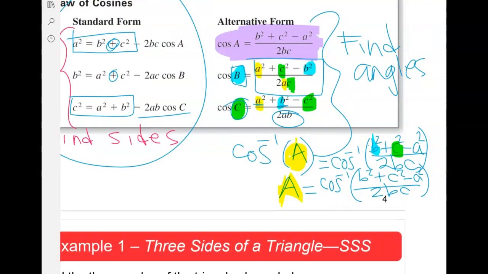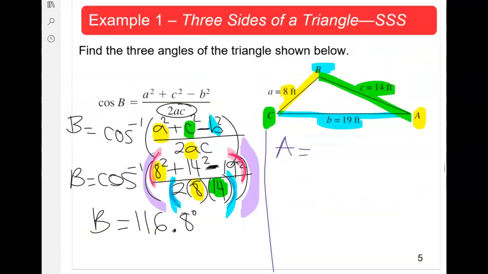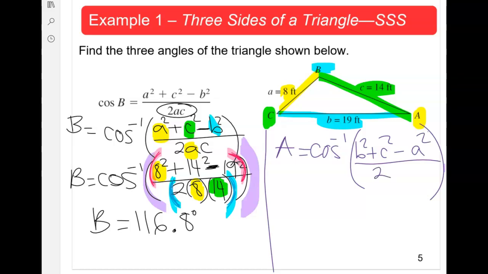And so we will be actually using this formula. The formula is cosine inverse of the fraction. Since we're looking for angle A, we're going to need B squared plus C squared minus A squared, divided by 2 times B times C.